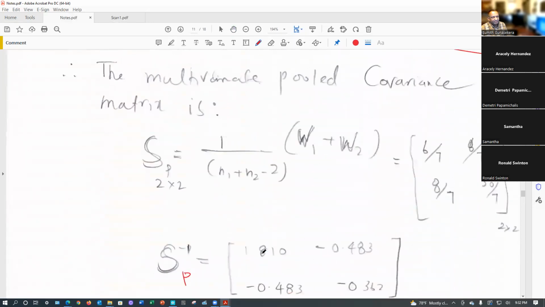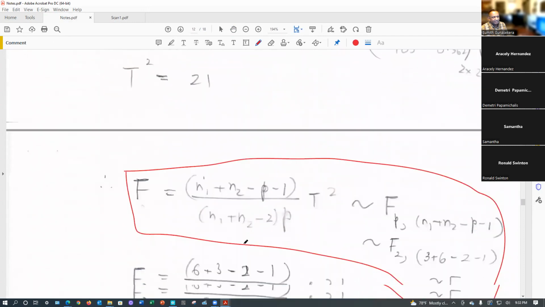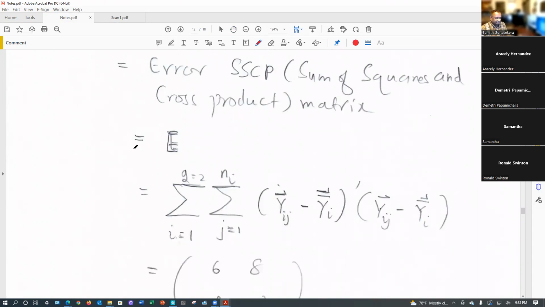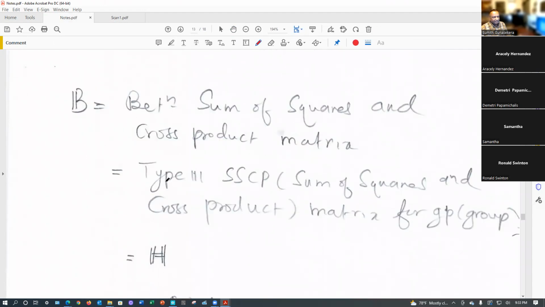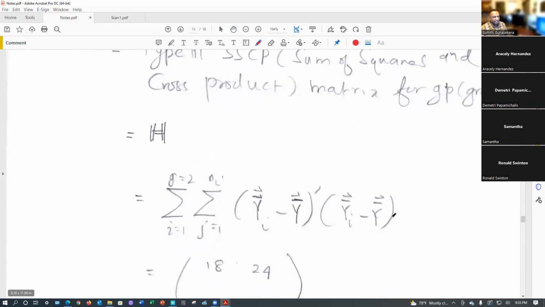Even that part we did by hand. See? It's the same thing. They call that one E or W. That's nothing but the within sum of squares and cross product matrix. In the same way, B, the between sum of squares and cross product matrix, is given on that printout, type 3 SSCP, sum of squares and cross product matrix for group. The group they denote by H. This is the way how you can get this.